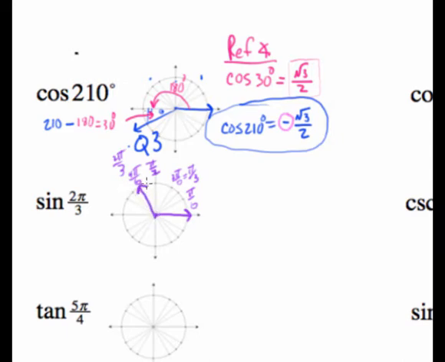Okay, so there's our 2 pi over 3, this angle right here. And then we still have to do a reference angle, so we're going to drop a vertical line down, and we're going to put in this theta right here. Here is the reference angle that we're talking about. So let's talk about that reference angle in the second quadrant.